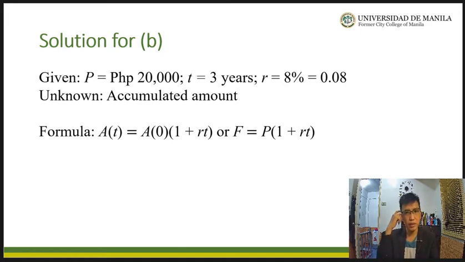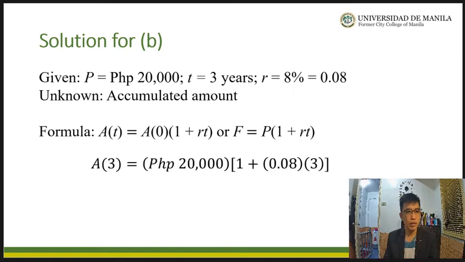Okay, so by substitution, what we are looking for is A of 3. I am just using the definition and the formula that was presented to you earlier. So A of 3 means the accumulated amount in 3 years.